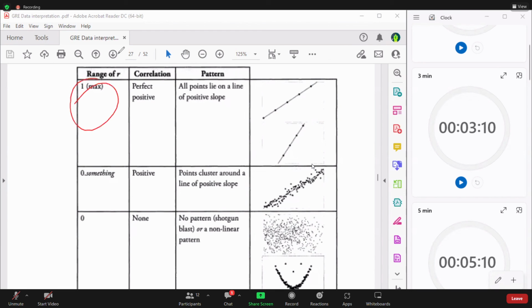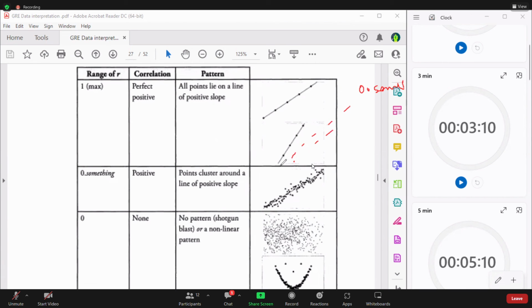You only have to remember, if the range is 1, then the correlation is positive. If the range is -1, then the correlation is negative and the graph would be like this. If it is 0 point something, it can be anything, 0.9, 0.5, then it is a scatter plot.